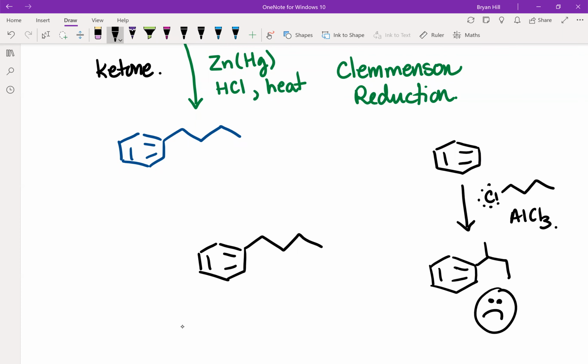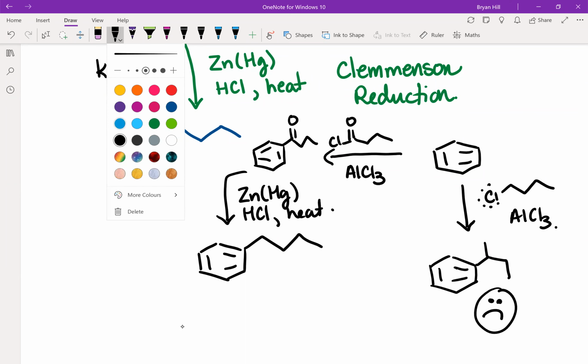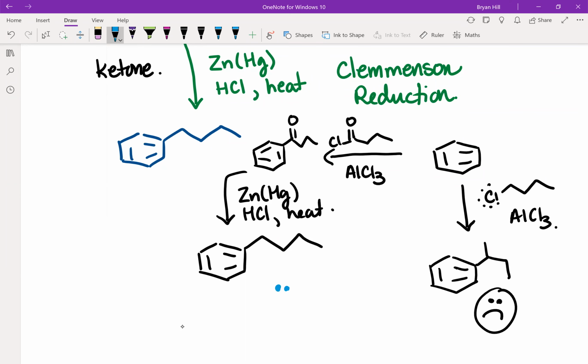The way you could overcome this is to do the similar reaction, aluminum trichloride with the acid chloride to make this, and then do the zinc mercury amalgam, HCl, heat this up, and then you've got your product.